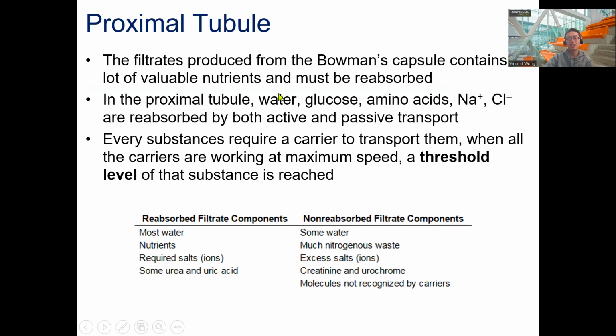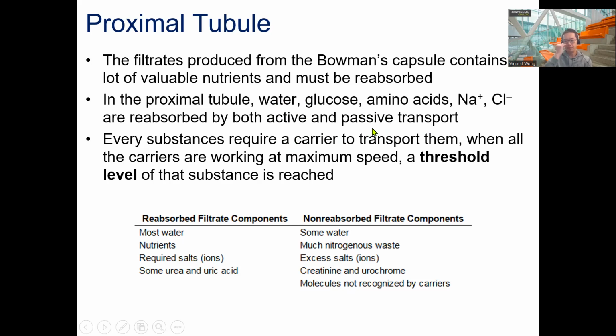Okay, and this is done both by active transport, which means it requires the use of ATP, as well as passive transport. Some things just happen by facilitated diffusion or osmosis for water, and that doesn't require energy.